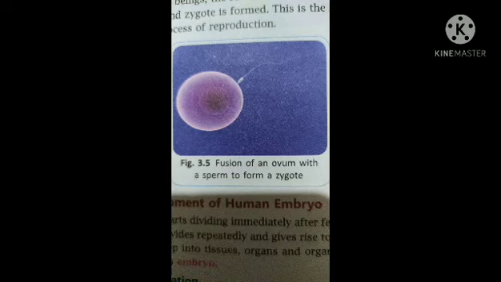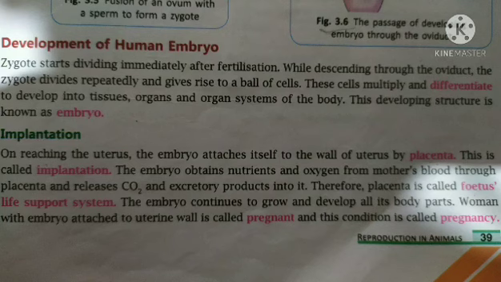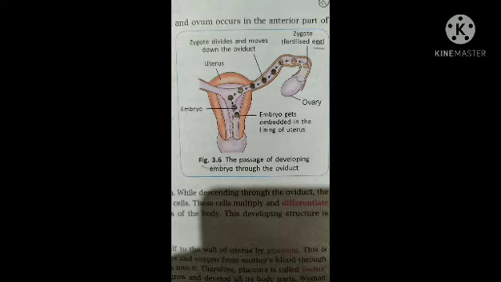So the sperm fuses with the large egg, and this process is known as fertilization. This union of sperm and ovum takes place in the interior part of the fallopian tube. The fertilization of the egg with the sperm gives rise to the first cell of an individual, known as zygote, or the fertilized egg.